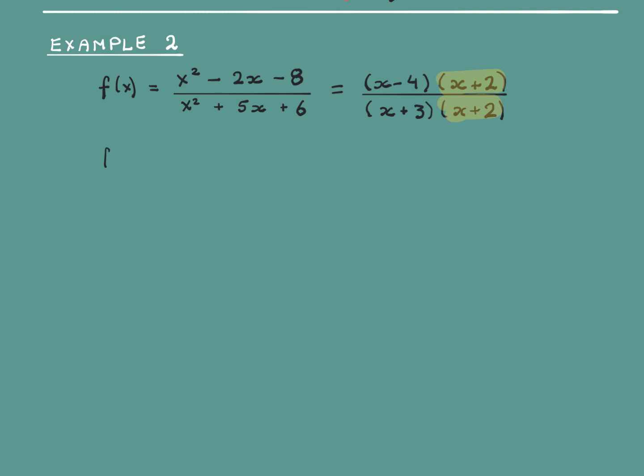And f(x) is now (x minus 4) over (x plus 3). And so we have a hole at x equals minus 2.